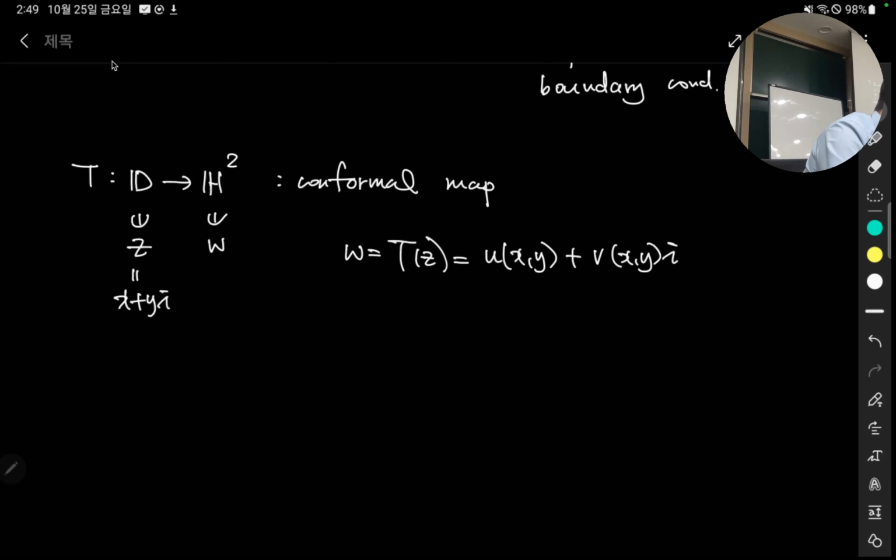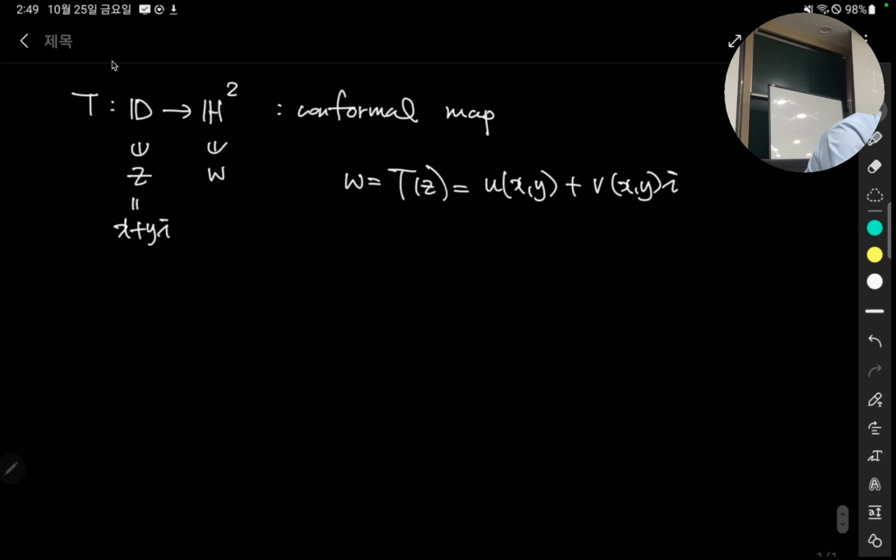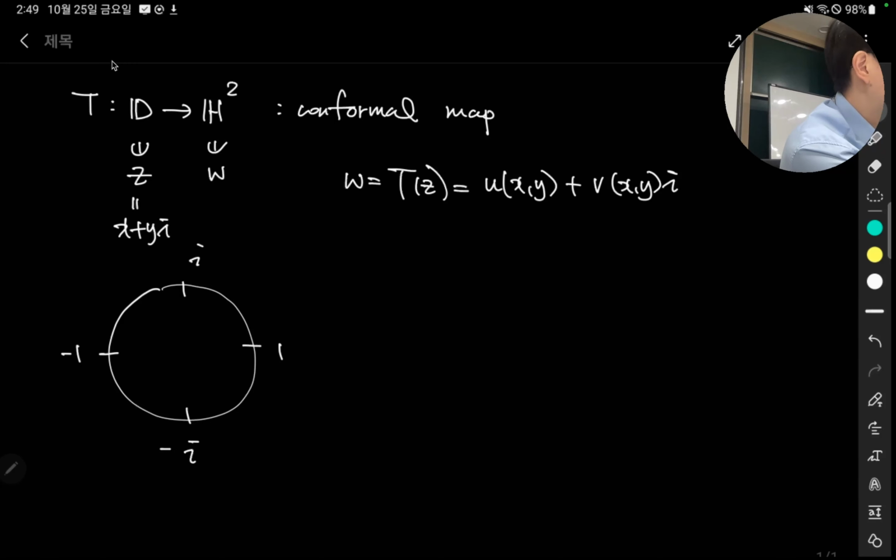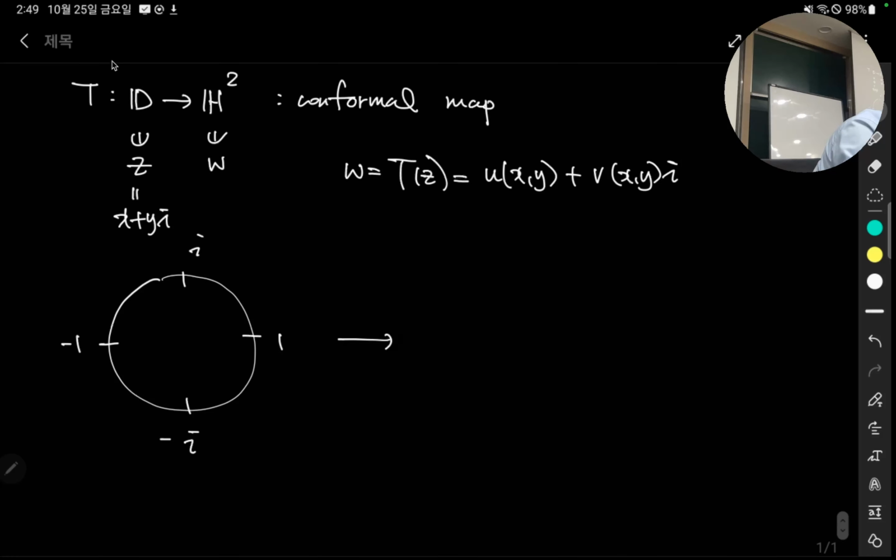Here we are going opposite: these 4 points on the disk, i, minus 1, 1, minus i. Remember that we are looking at the disk as a subset of complex numbers. We're not talking about (1, 0), (0, 1). Instead, we're using complex numbers. I want these 4 numbers to map to minus 1, 0, 1, and infinity.